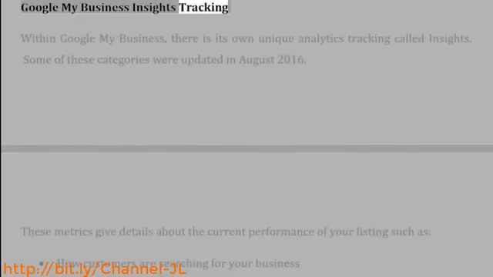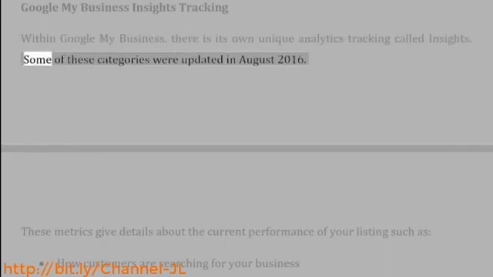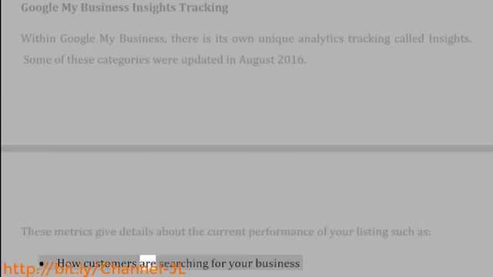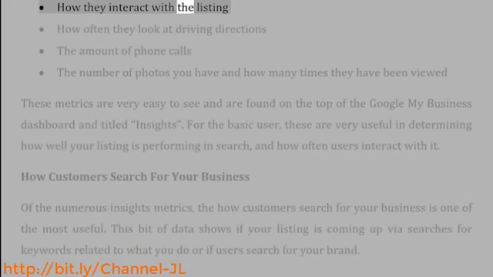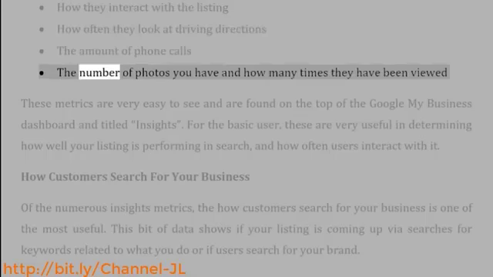Google My Business Insights tracking. Within Google My Business, there is its own unique analytics tracking called Insights. Some of these categories were updated in August 2016. These metrics give details about the current performance of your listing, such as how customers are searching for your business, where they view your business on Google, how they interact with the listing, how often they look at driving directions, the amount of phone calls, the number of photos you have, and how many times they have been viewed.